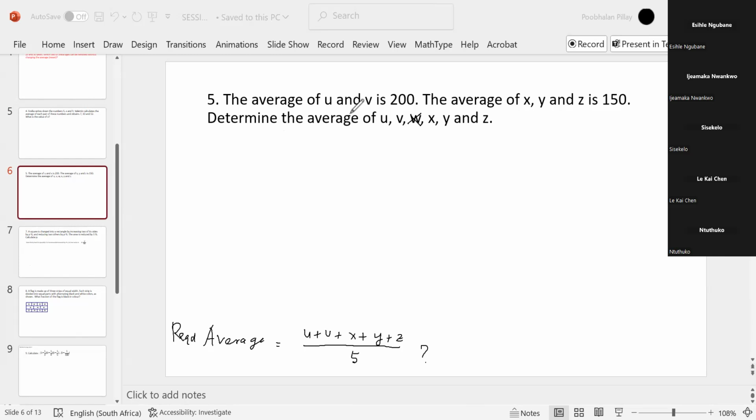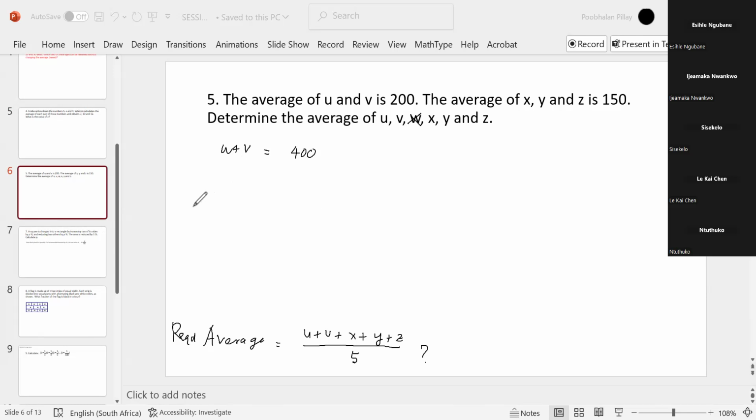So now let's have a look at what we know. The average of U and V is 200. So we can say U plus V divided by 2 is 200. But let me just say the sum is equal to the number, which is 2 times 200. I can write this down straight away.